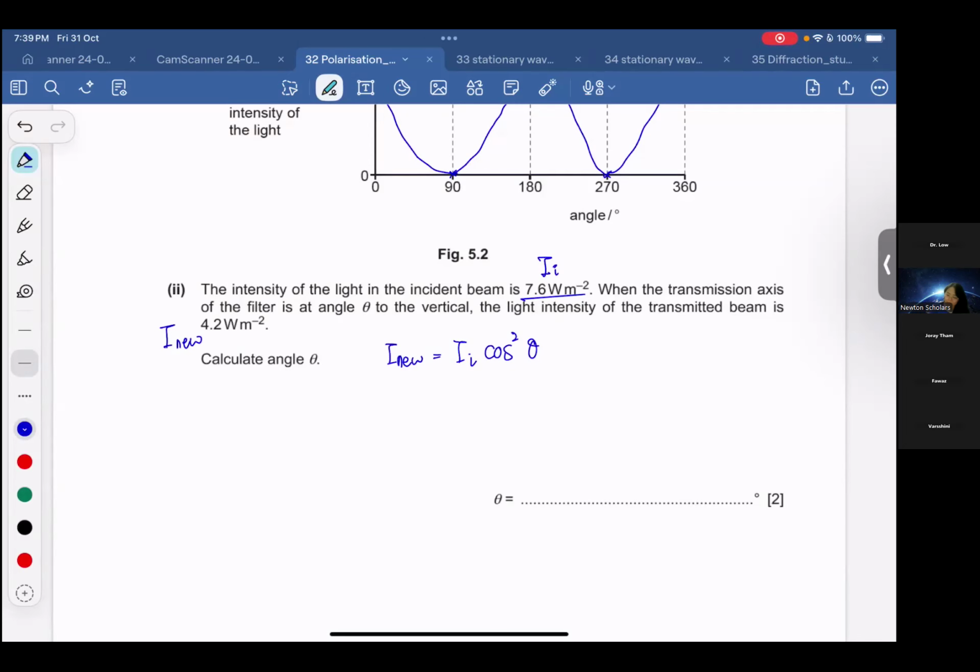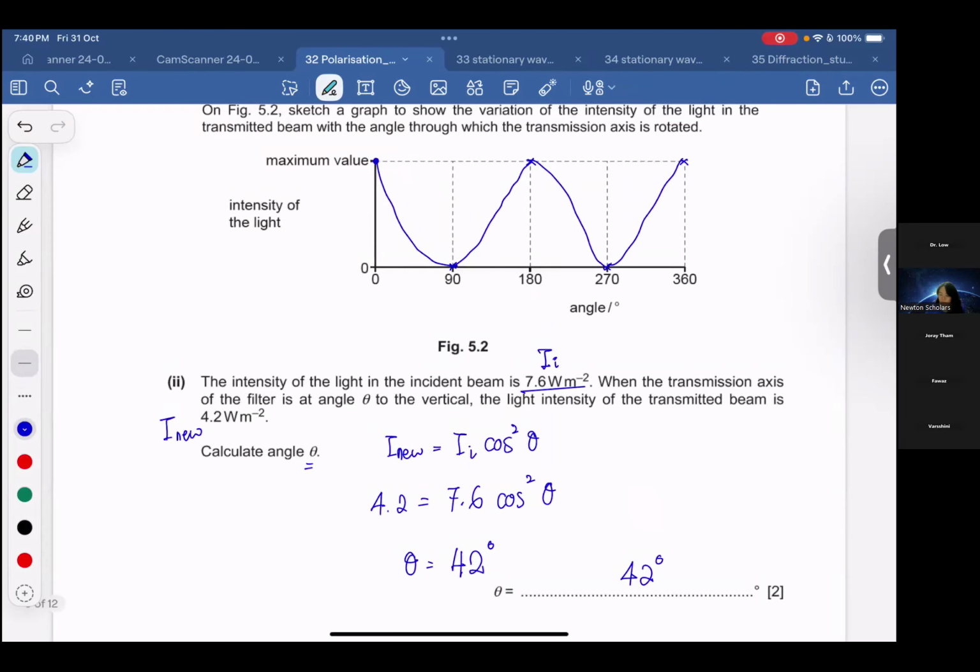They want to find the angle. The new one is 4.2, the incident is 7.6, then cos square delta. If you press your calculator correctly, you should be able to get the answer 42 degrees. This is just applying the formula only. So I'm not letting you try, no need to try. It's just putting in the formula, Malus's law, then you find the angle. Okay, is that clear for this question?